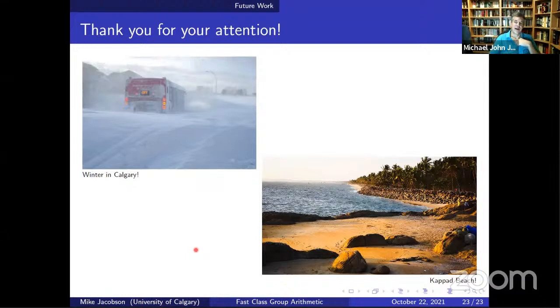Baby-step giant-step is probably one way to do it. You can use index calculus for it as well. But in short, it's a hard computational problem in general, but there are some improvements to do it. Infrastructure is what you want to look at for that.